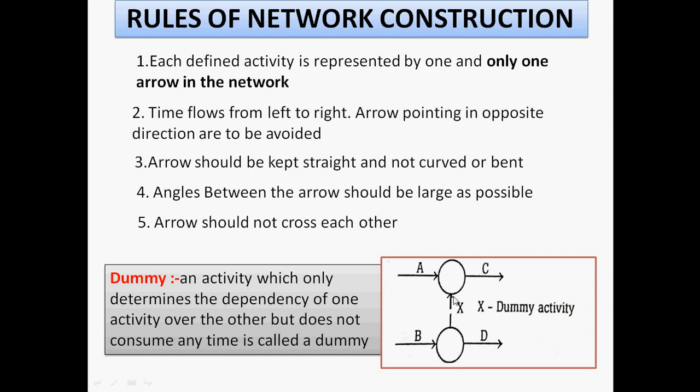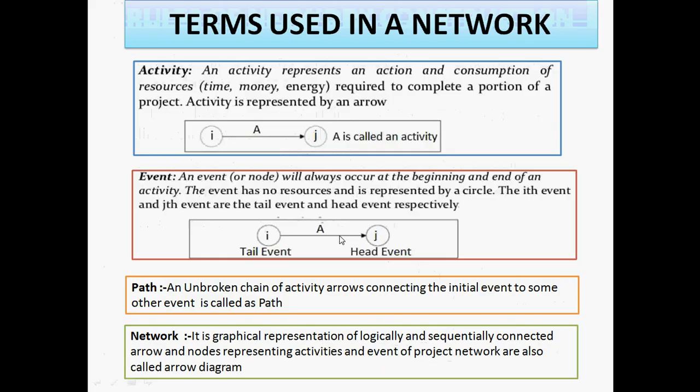So when two operations or two activities are interrelated, then we can go for a dummy activity, A and B. When A and B are completed, then C can be started. Before C, A and B are required. So this is about network construction, and this construction we will follow in this case. This is the main thing we discussed here.